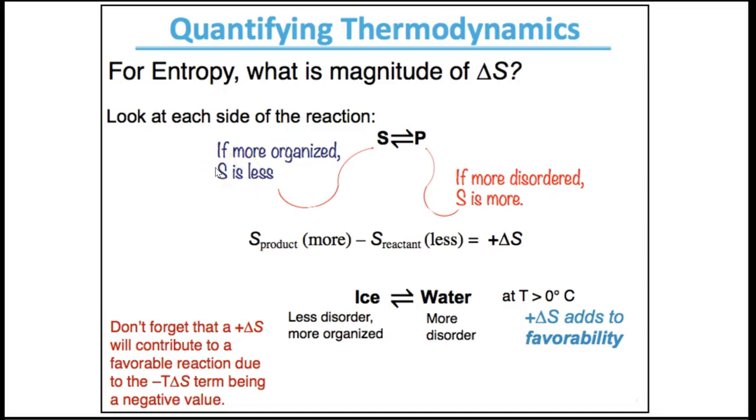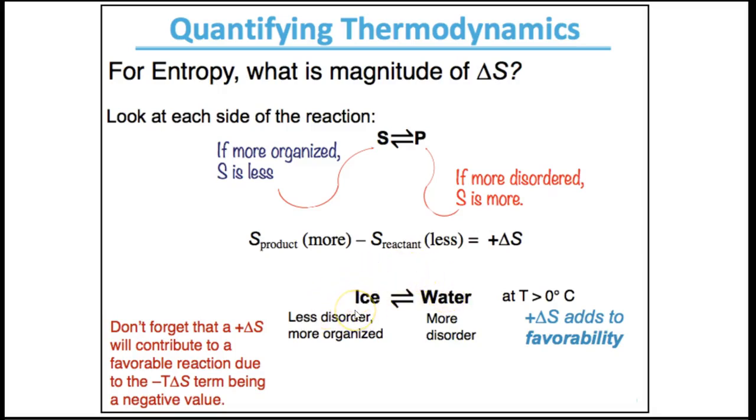And so in order to have an increasing entropy, so an increase in disorder, your product has to have more disorder versus your reactant. And that's how you have the overall positive increase of disorder. Positive entropy, so more disorder.